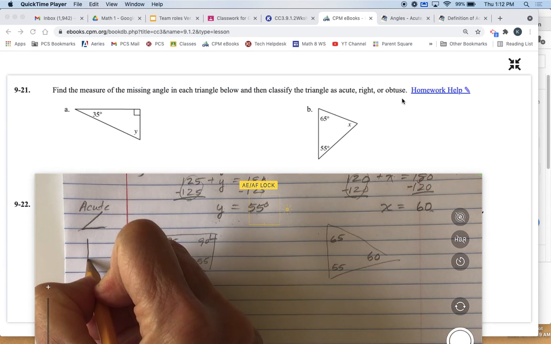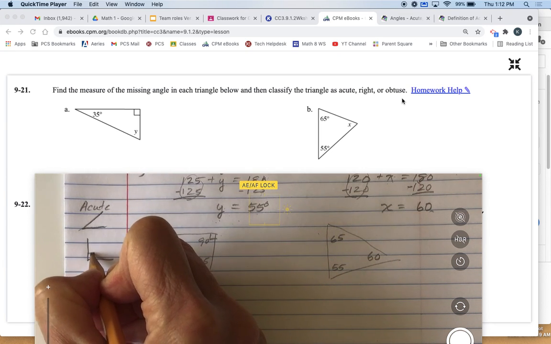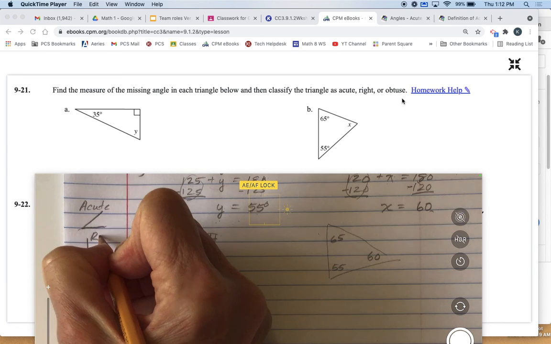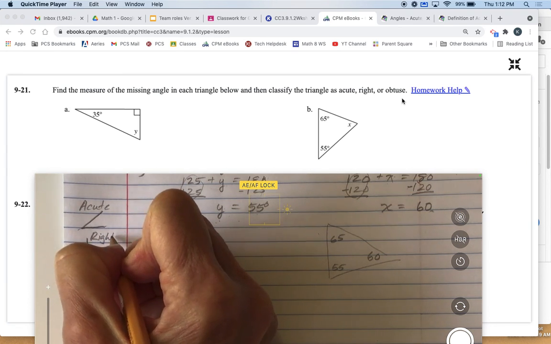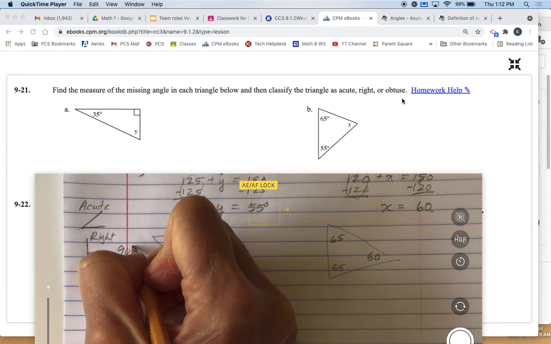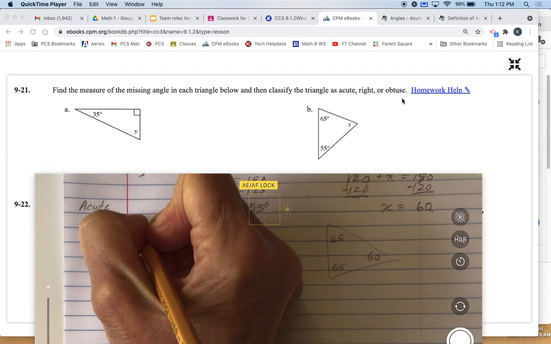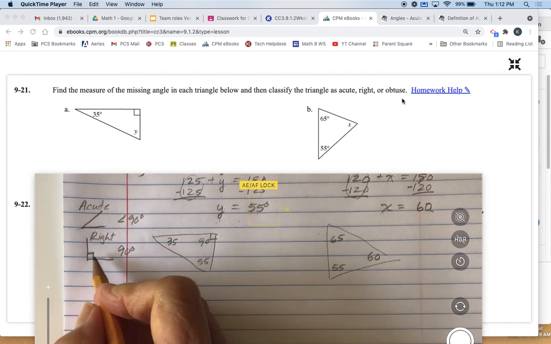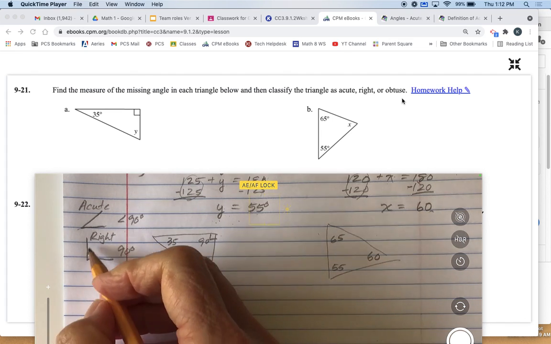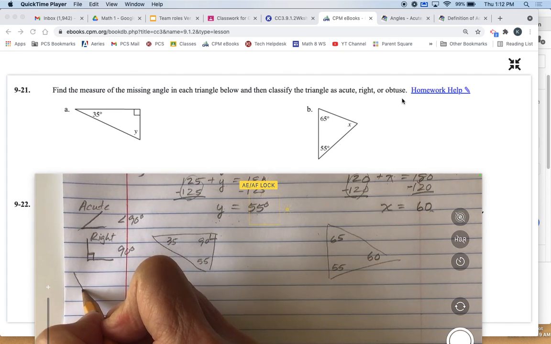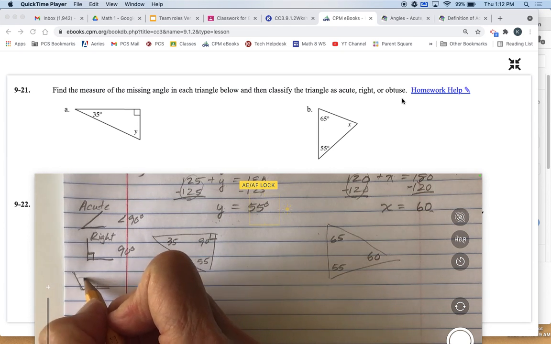A right triangle is like a corner, and it is 90 degrees. So an acute angle is less than 90 degrees. And then an obtuse angle is wider than 90 degrees.